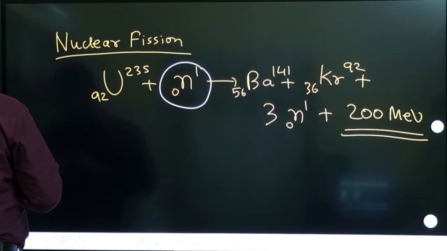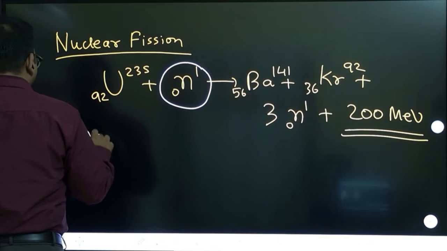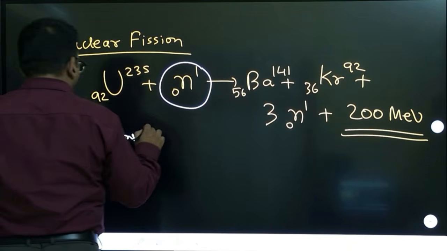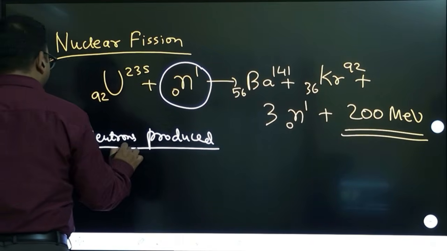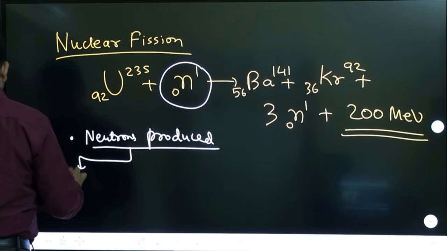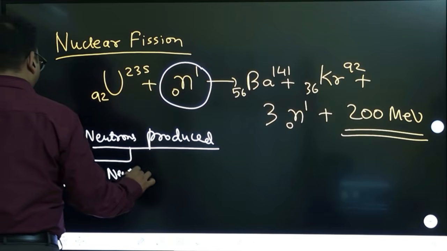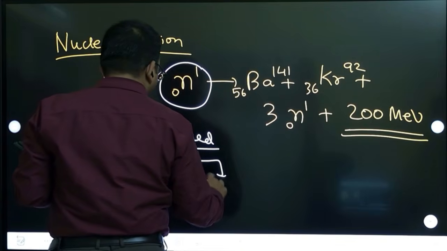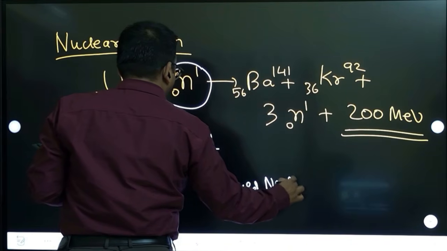What is very important to note here is that there are two types of neutrons produced. One is called prompt neutrons. The other is called delayed neutrons.